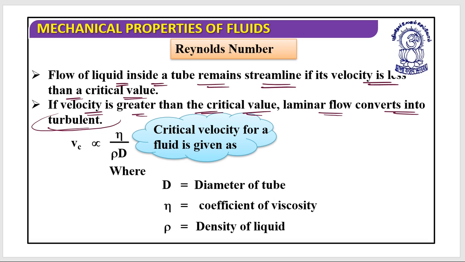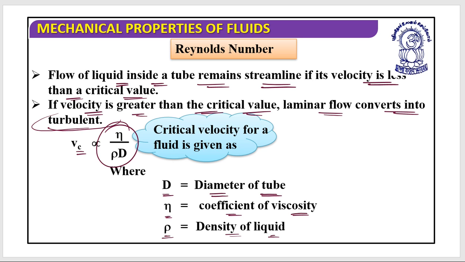Now, what is critical velocity? The critical velocity is directly proportional to eta divided by rho into d, where d is the diameter of the tube, eta is the coefficient of viscosity of the liquid, and rho is the density of liquid.